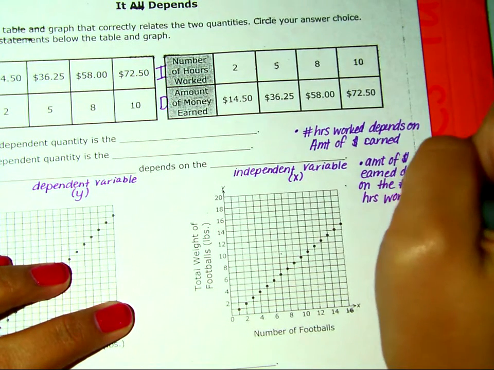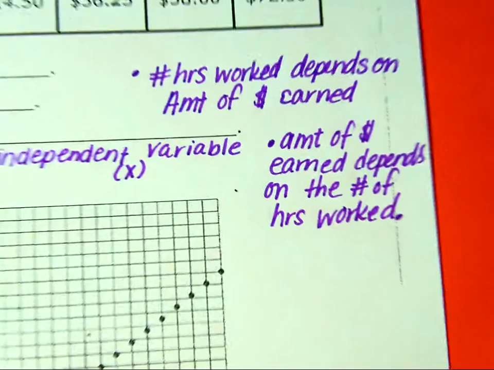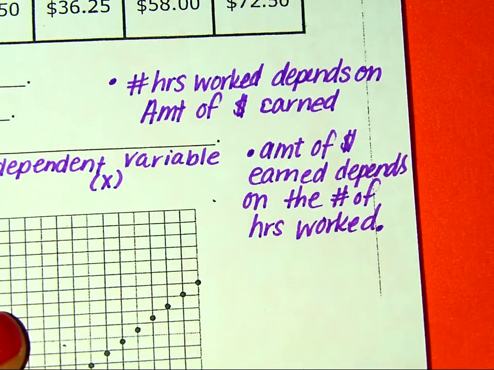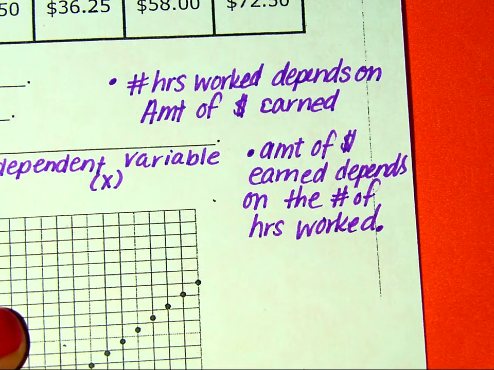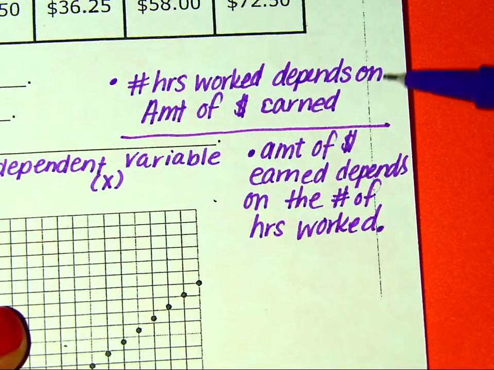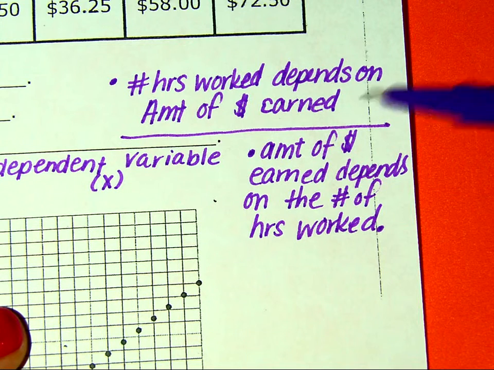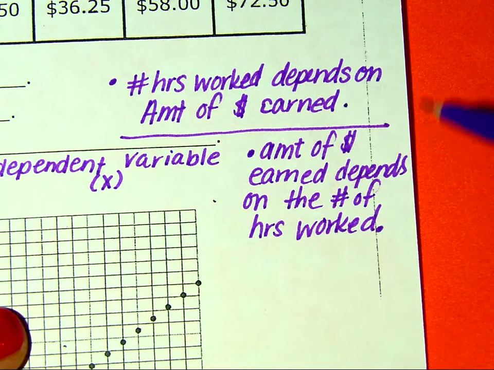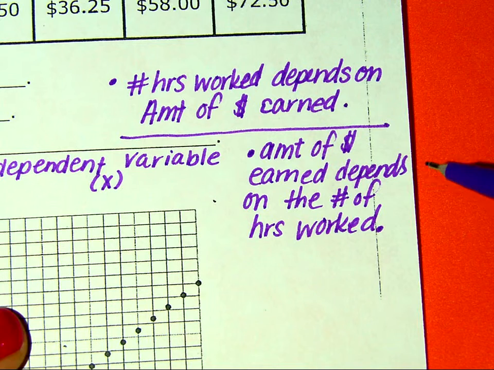Now, which of those two statements seems to show the correct relationship between the two quantities? Does the number of hours worked depend on the amount of money earned? Or does the amount of money earned depend on the number of hours worked?